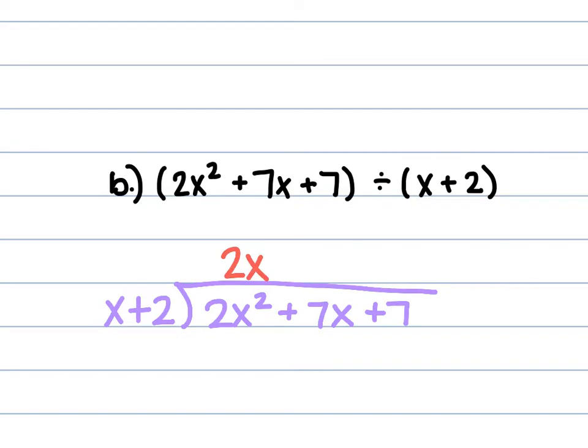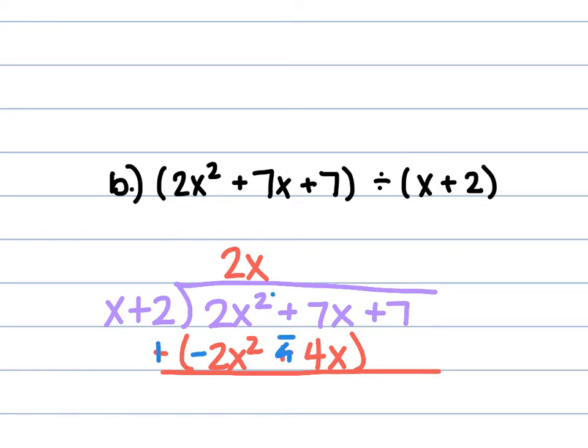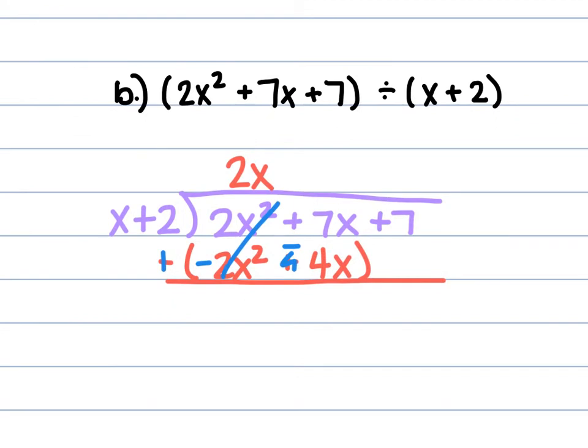So 2x times x is 2x squared. 2x times 2 is a positive 4x. Now subtract, or again, add the opposites. The 2x squared minus 2x squared cancels out, and then the 7x minus 4x gives us a positive 3x. Bring down the 7. So 3x plus 7.